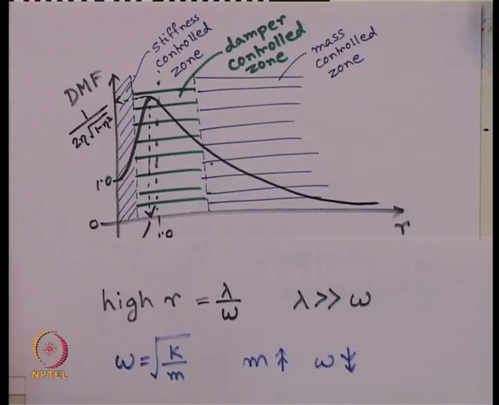So, what does it mean physically? Why does it happen? Very high value of mass means the system is pretty heavy. It is a heavyweight system which we are considering.